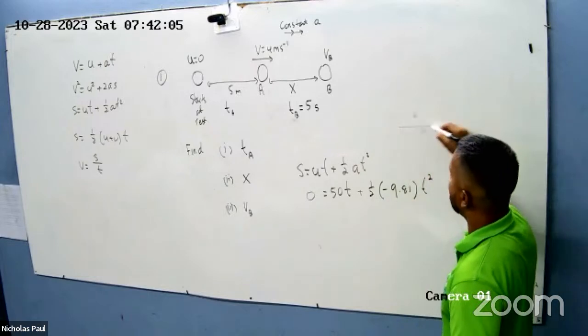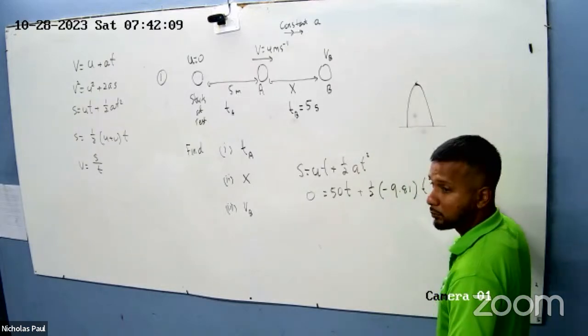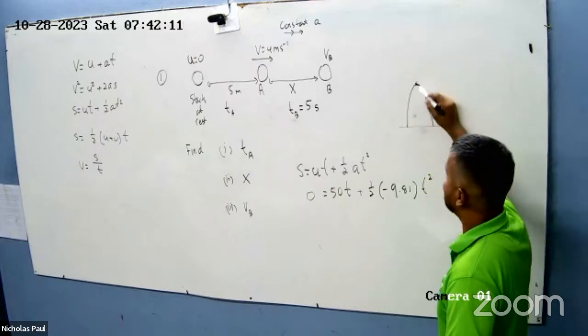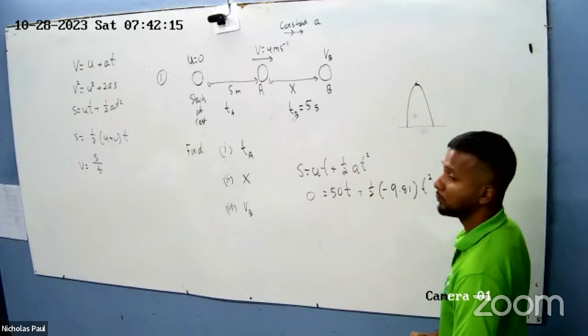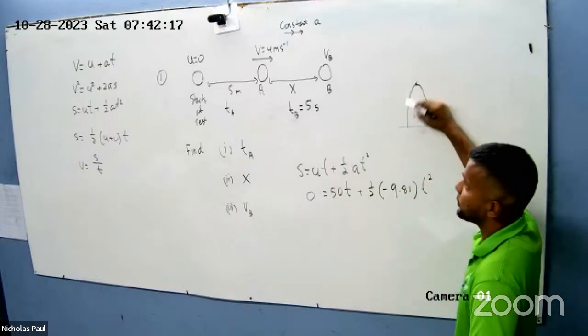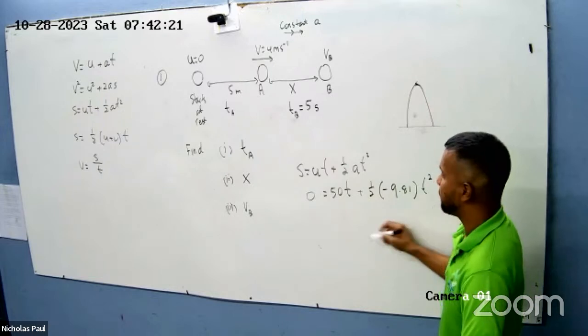Remember, you went up to your maximum height and it came back down. It started going upwards first, so you can leave it as negative. Solve this quadratic, tell me what you get.